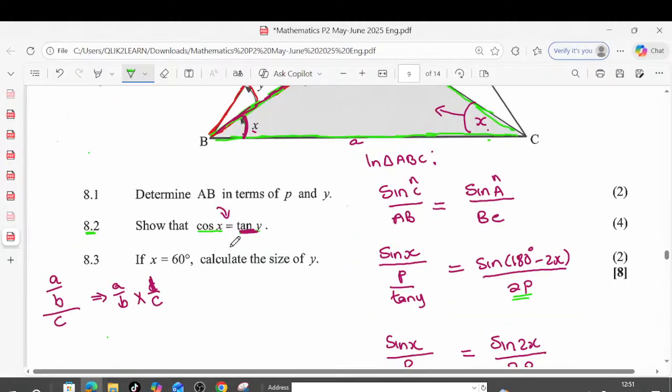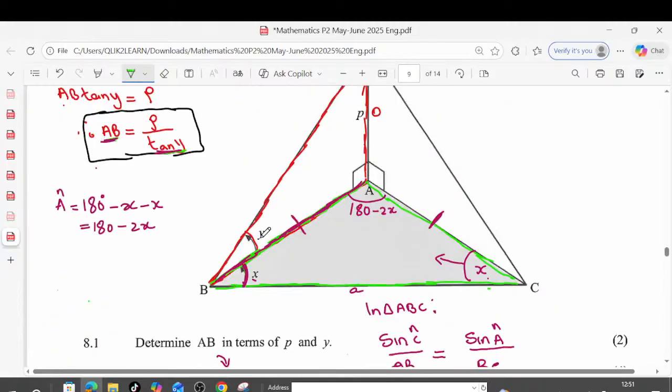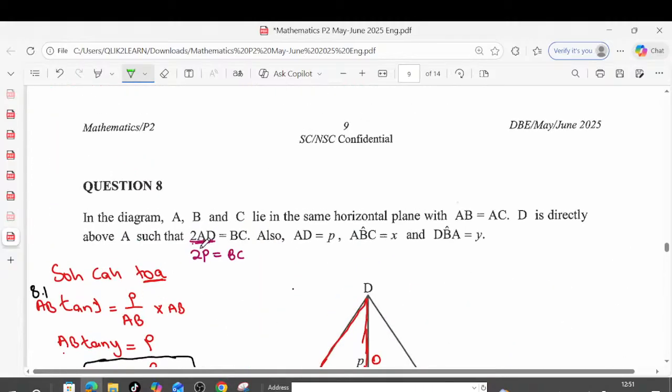Then when I substitute this, I see that there's no way, we need to calculate BC, and this is 4 marks. I went back to the statement, then I see that I missed something, which is that BC is twice AD. So if we did not pay attention to that statement, we were going to struggle to calculate this question.